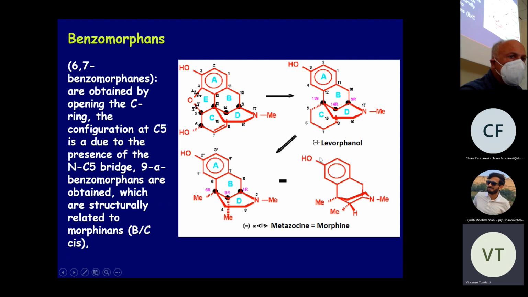Also in this class, it is very important the phenolic function. The OH group, the phenolic group on the aromatic ring. So really, you can start from morphine, you can open the first ring, ring E, and then you can open the ring C, and then you have the simplification of the structure of morphine.